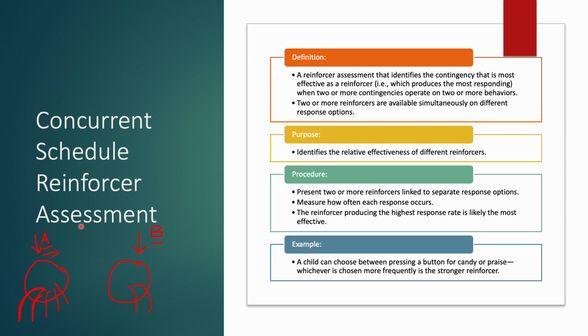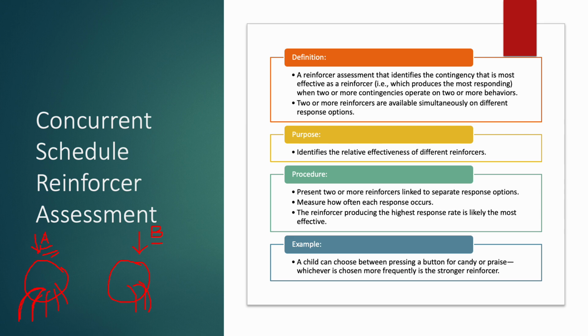If they respond more often on the behavior where they're receiving item A, then that tells me that item A is maybe a stronger, more potent reinforcer than item B. They might have allocated some responses to item B, but really the stronger reinforcer was item A. Item B is also a reinforcer because the behavior occurred under this schedule, but item A was a more potent reinforcer.